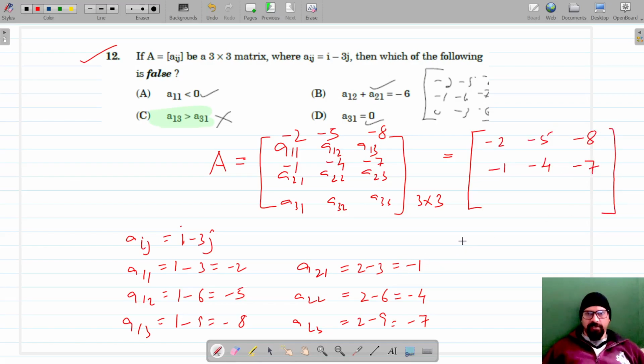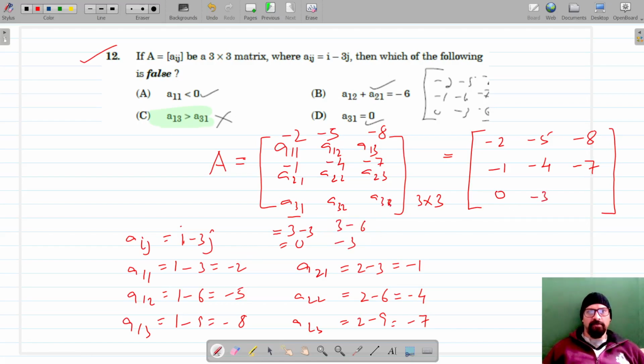Now for A31. A31 is equal to 3 minus 3, which is equal to 0. A32 is 3 minus 3 times 2, which is 6, giving negative 3.